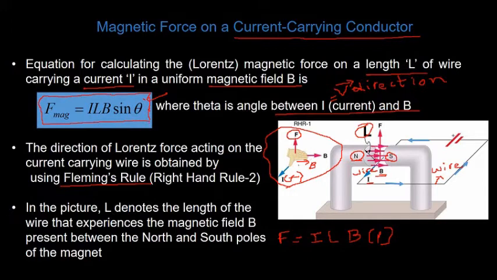Then the index finger points in the direction of the magnetic field, which is on the x-axis, and the middle finger points towards the Lorentz force. So the Lorentz force pushes this wire upward. Only the wire which is inside the magnetic field experiences this force.